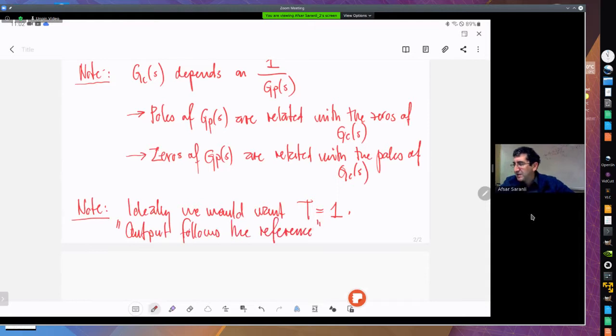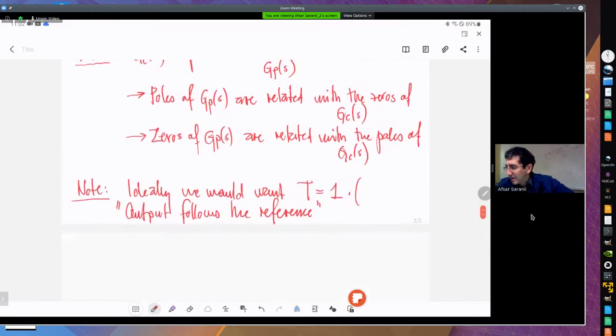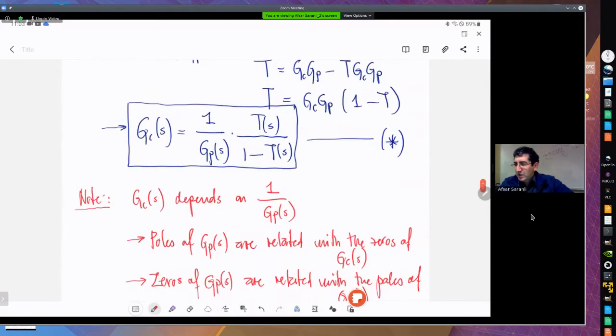Now take a look at the expression that we have derived. Is this possible? Can we achieve that? No. Why not? So when I say T is equal to 1, what I mean is T of S is equal to 1, right? It's a function. So this equation tells us that if T of S was equal to 1, in fact, the controller would need to have infinite gain, because the denominator would go to 0.